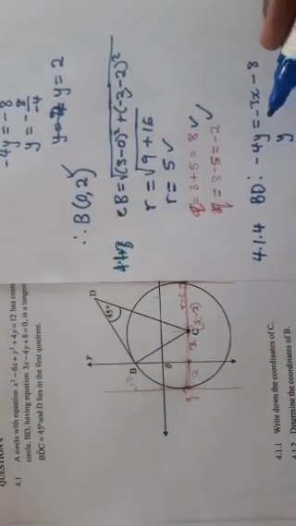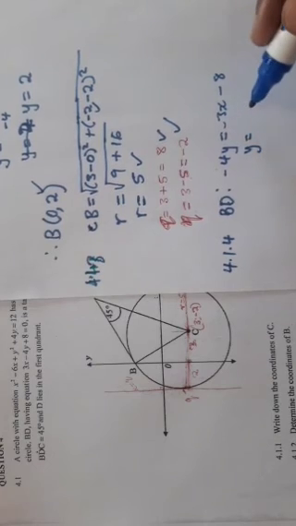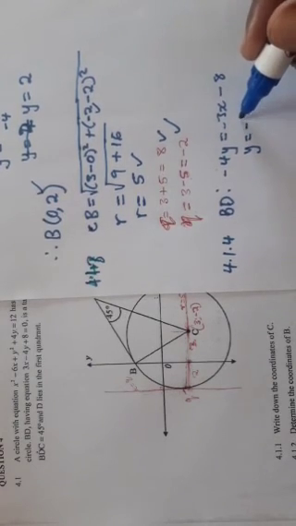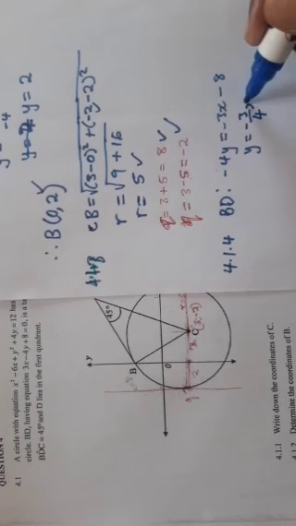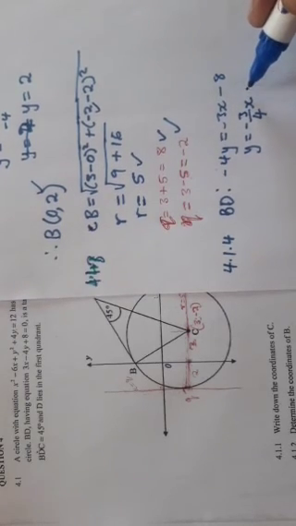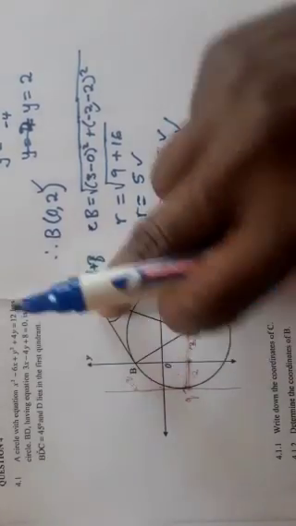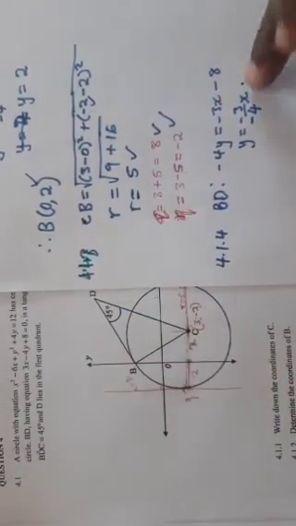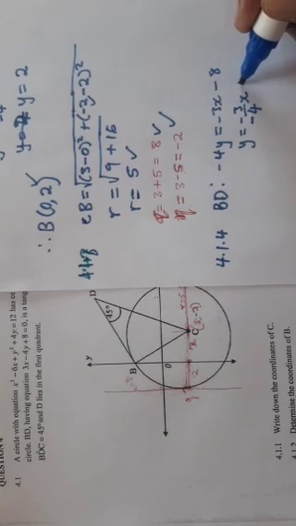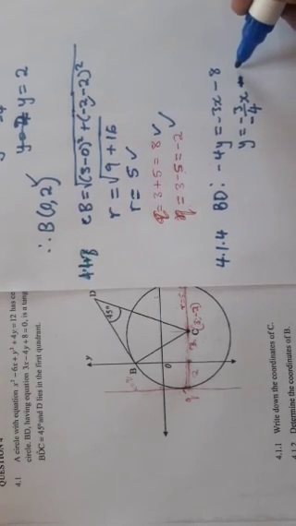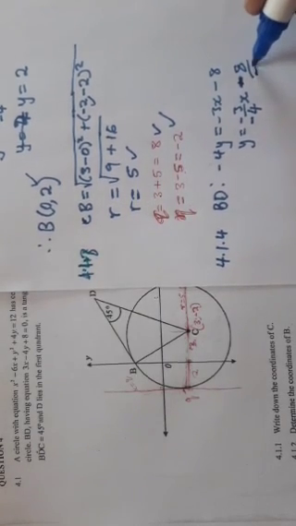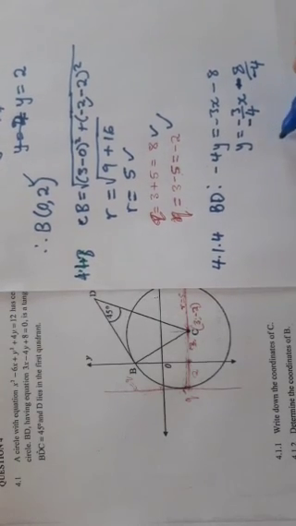Meaning this will be y equals minus 3 over 4x, and then since that is a positive slope, the gradient will be positive, then minus 8 over minus 4. So now this is y equals 3 over 4x plus negative divided by negative, 2.